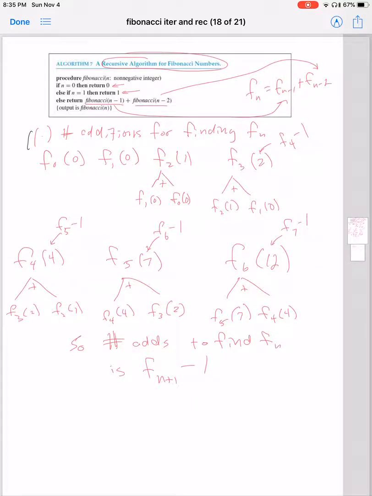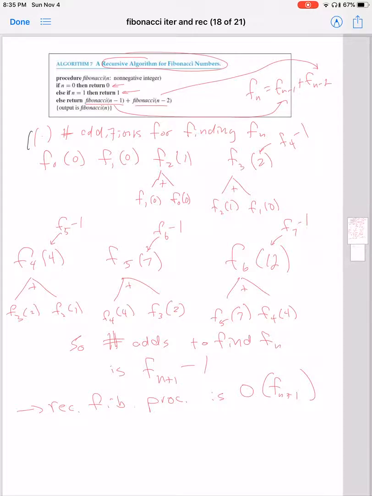But what we can state, if that's true, and it certainly appears to be, and it is, is that the recursive Fibonacci procedure is big O of Fn plus 1.